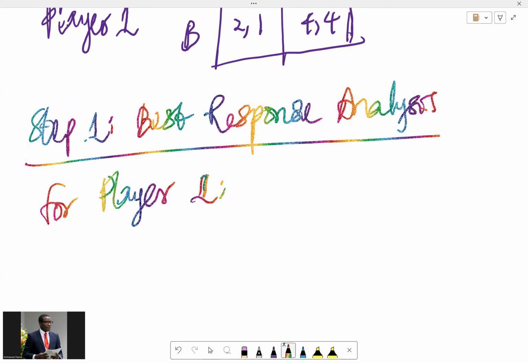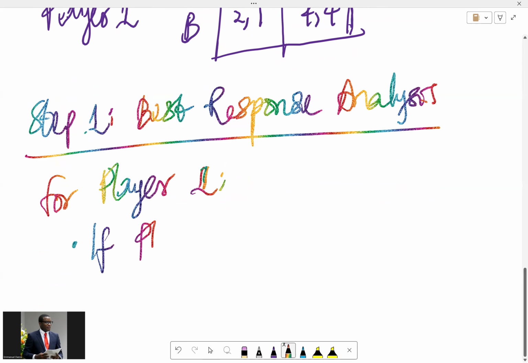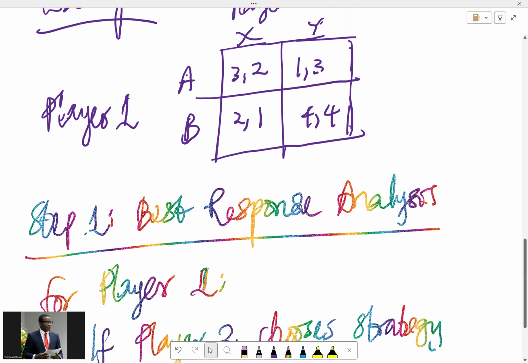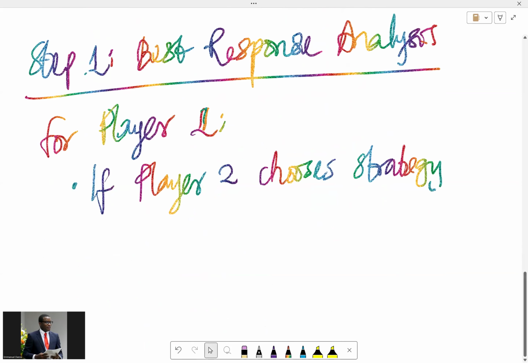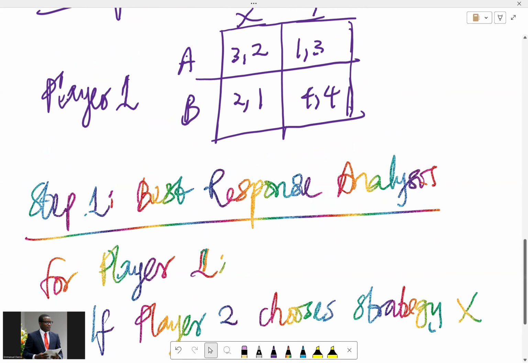For player one, if player two chooses strategy X, we are looking for the best response for player one.